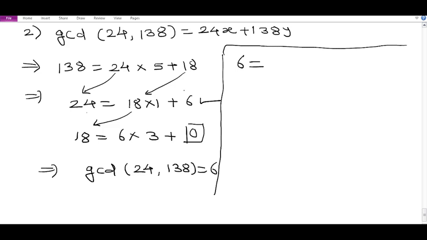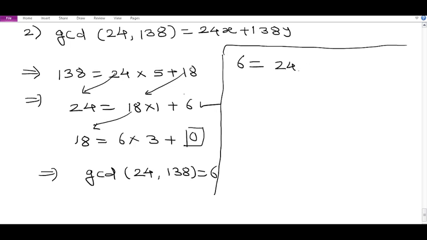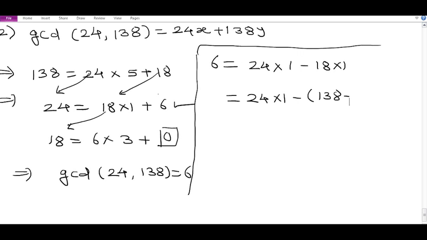Now we want to express this GCD as a linear combination, so we start from 6. This 6 can be written as 24 into 1 minus 18 into 1. Next, this 18 can be written as 138 minus 24 into 5.